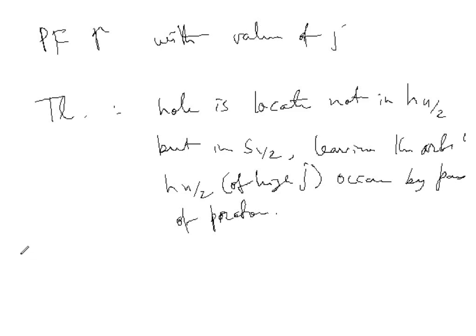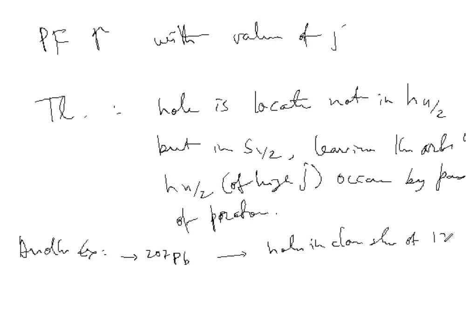Another example is 207 lead, where the hole in the closed shell of 126 neutrons is not in i13/2 but in p1/2, and this results in the value of 1/2 minus for the spin of its ground state.